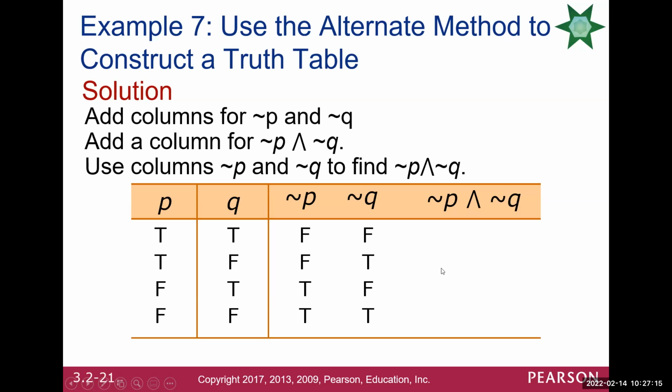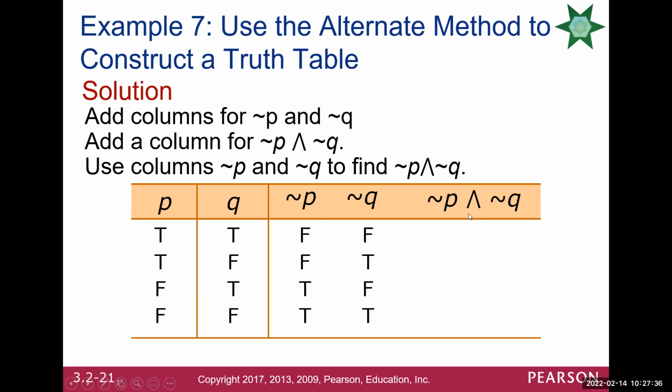Okay. Now I'm going to use the negation of P and the negation of Q columns to find the conjunction of those negations. Okay, now I didn't know for sure if it did it one step or if it did it all together. So I'm going to talk through it, okay?